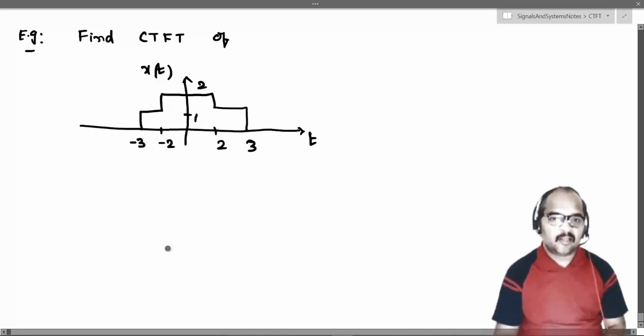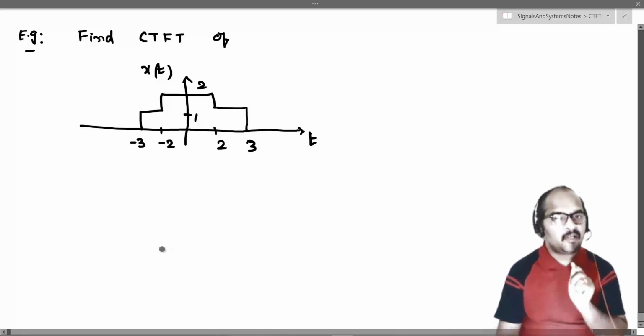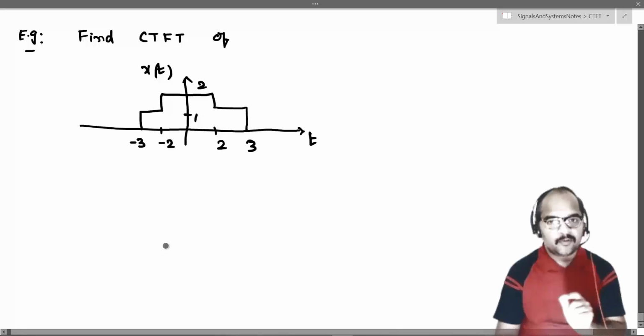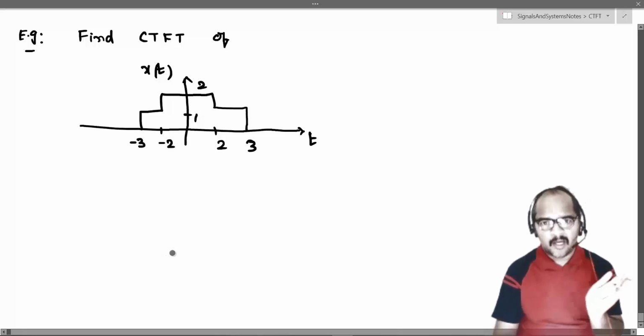You can easily see that this signal satisfies all three Dirichlet conditions, and hence you can use our regular analysis equation.